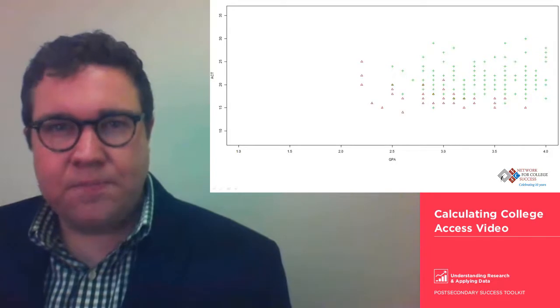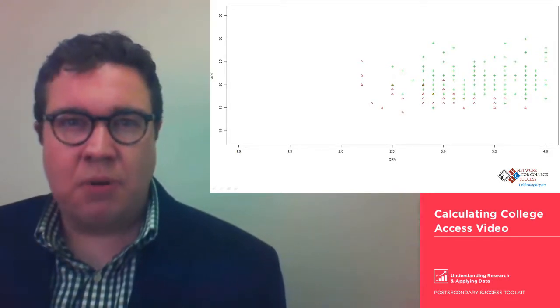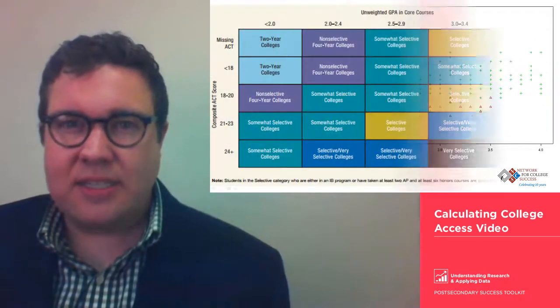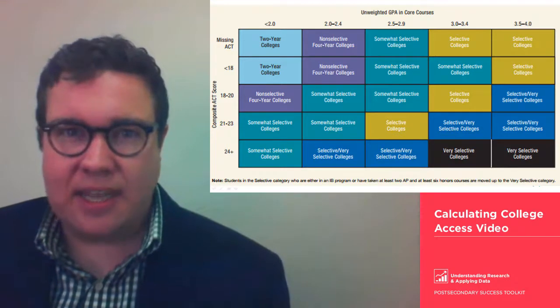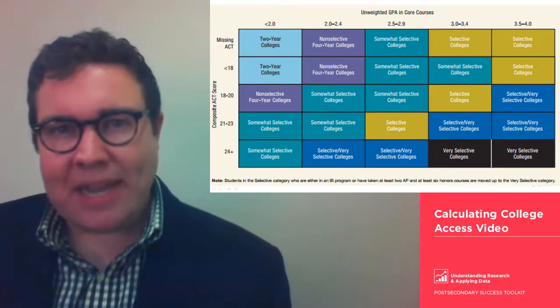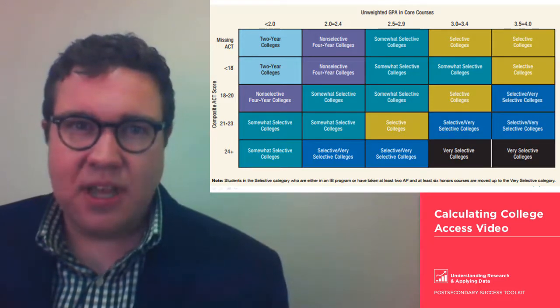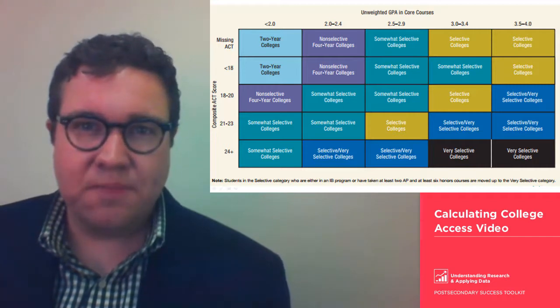In Chicago, a team of researchers looked at application outcomes for Chicago Public Schools seniors and used this insight about grades and test scores to produce this framework for college access. By setting a few cut points in both the GPA and the test scores, they divided the possible combinations into these squares.